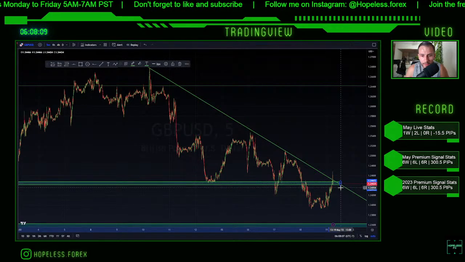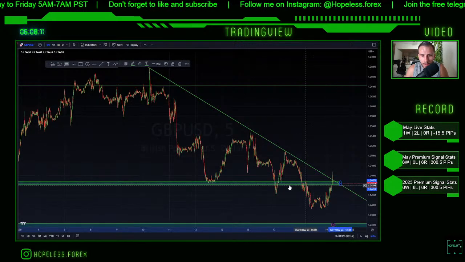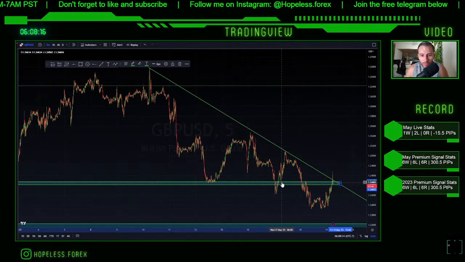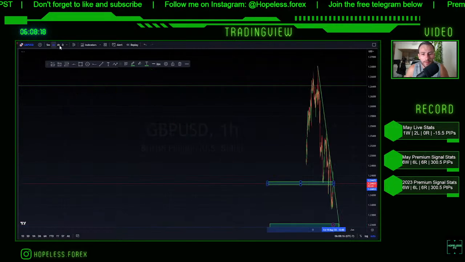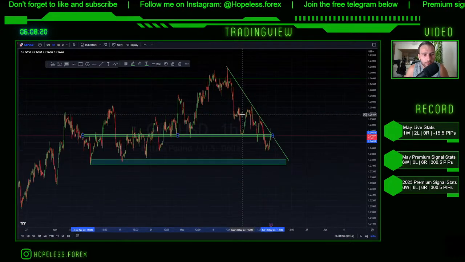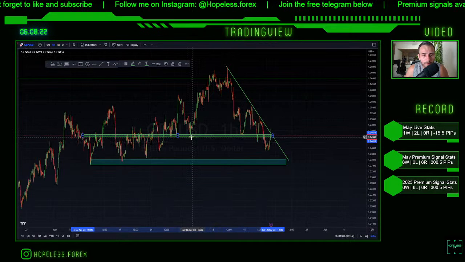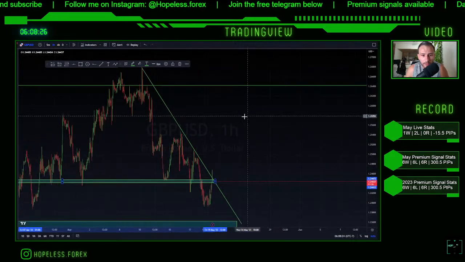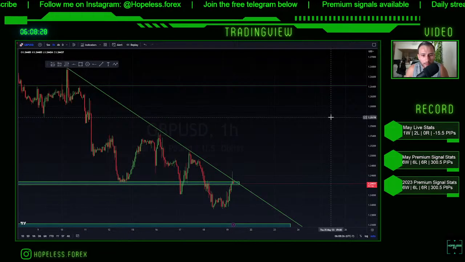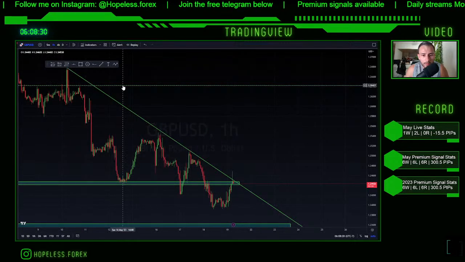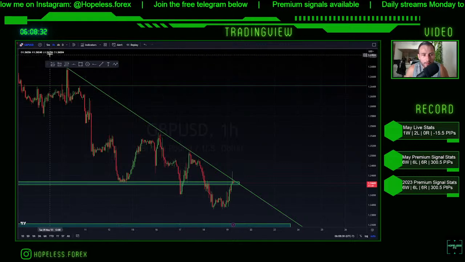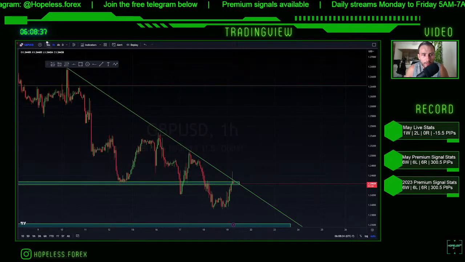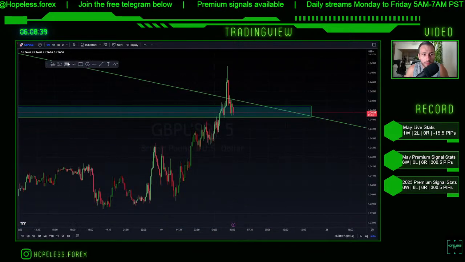You know, we have this level of support here, resistance here, supportish here, but previous support here, previous resistance here. Level of structure here. This could be a good opportunity.